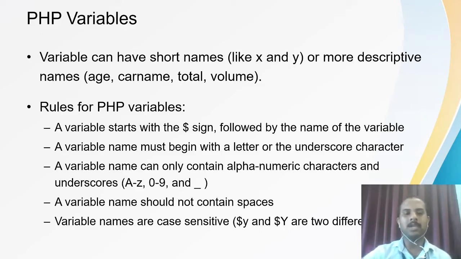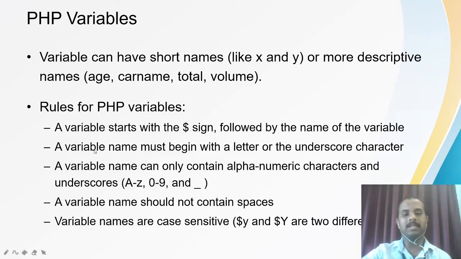Rules of PHP variables. Coming to the rules, they are very similar to the rules of variables in C. So let us see the rules of a PHP variable. The variable will start with the dollar symbol followed by the name of the variable.